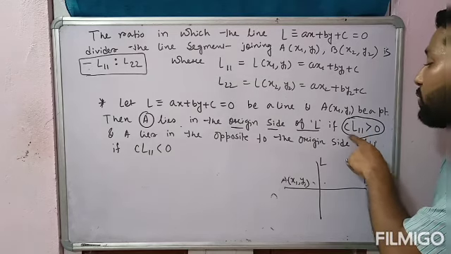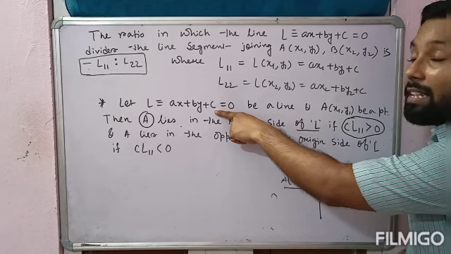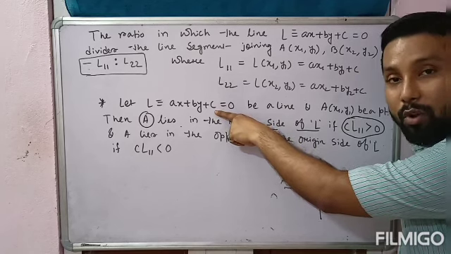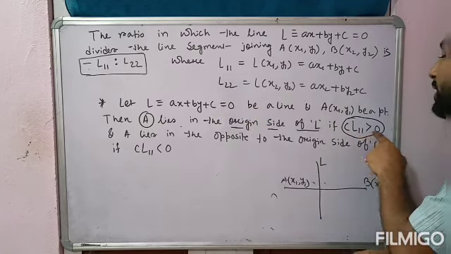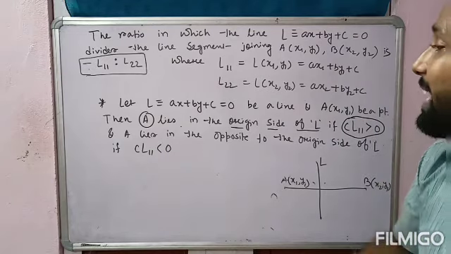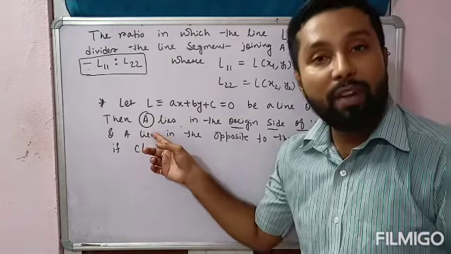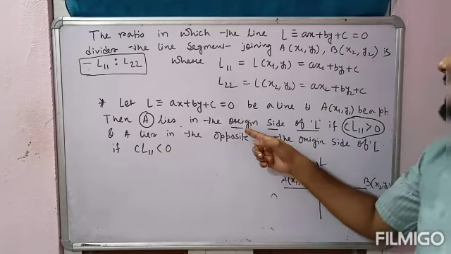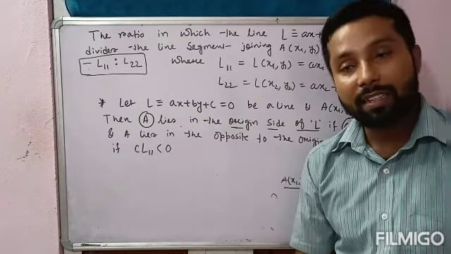What is C? C is nothing but the constant term of the equation. So if the value of C into L11 is greater than 0, then we can say that the given point lies in the origin side of the given line.